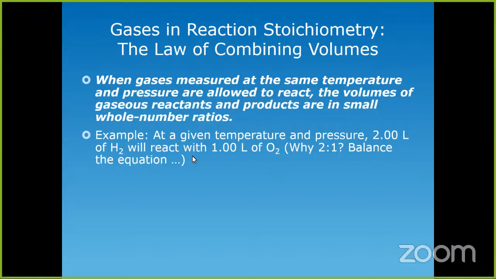So for example, it says here, at a given temperature and pressure, 2 liters of hydrogen will react with 1.00 liters of oxygen. So the question is, why is there a 2-to-1 ratio?